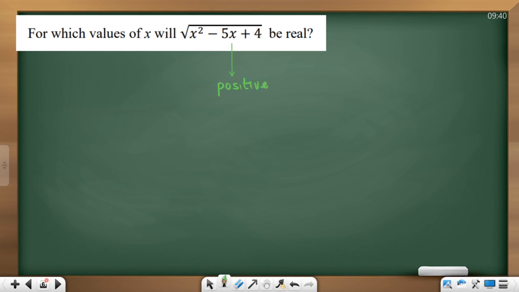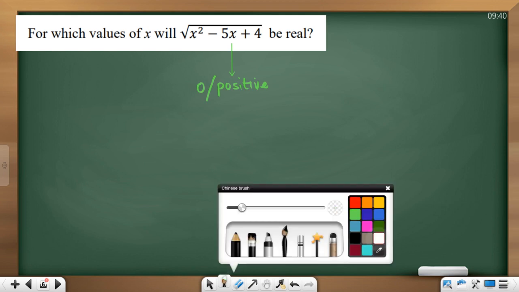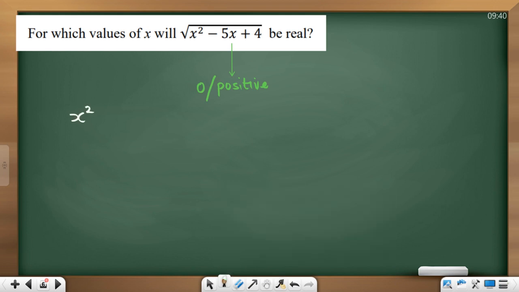Positive. It should either be 0 or positive. The whole thing, remember what we said, our discriminant is what is under the square root. So basically, the examiner is saying, solve this equation.